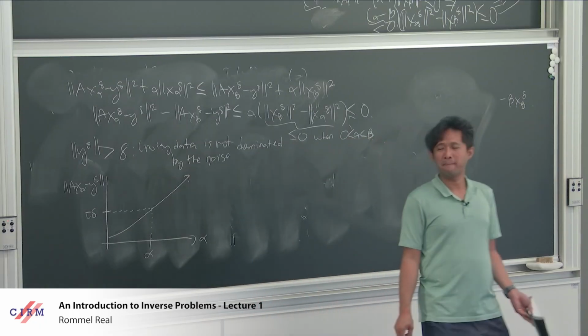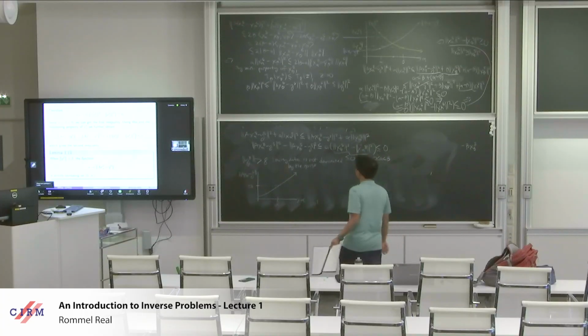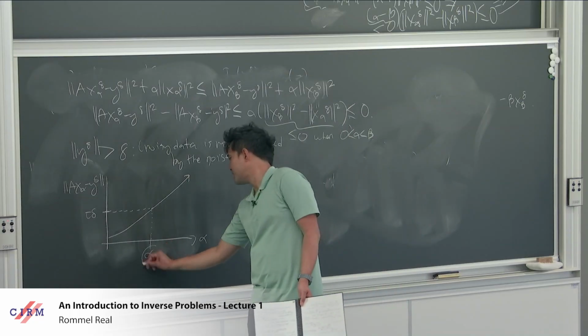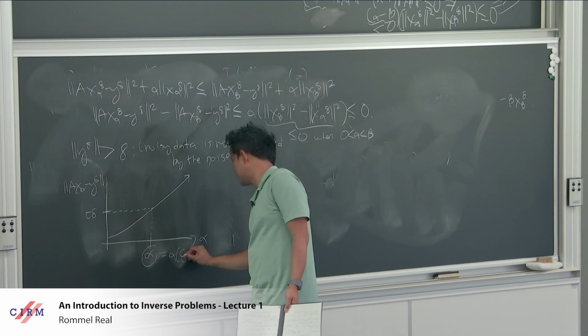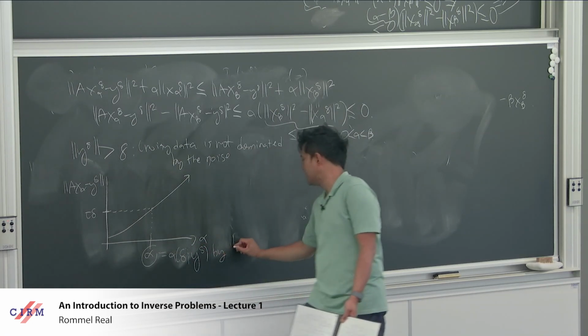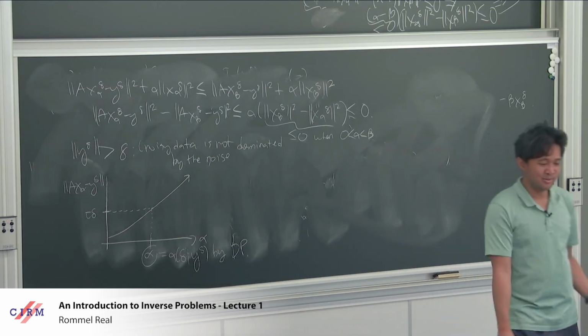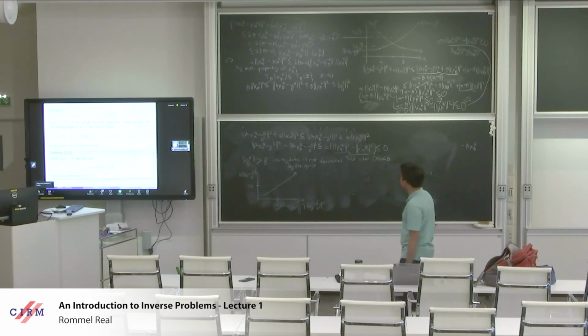Okay? And this alpha here is our alpha delta by the discrepancy principle. And that tells us that our discrepancy principle is well defined.